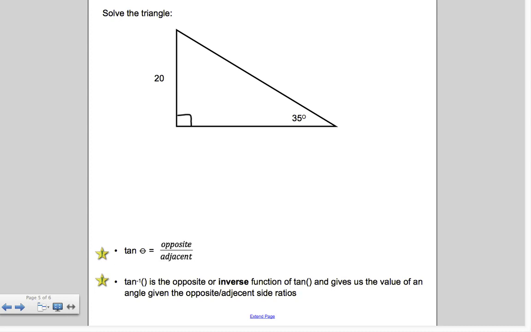Well, we know that the tan of an angle is opposite over adjacent. So in this triangle, compared to the 35 degree angle, which is the opposite side?